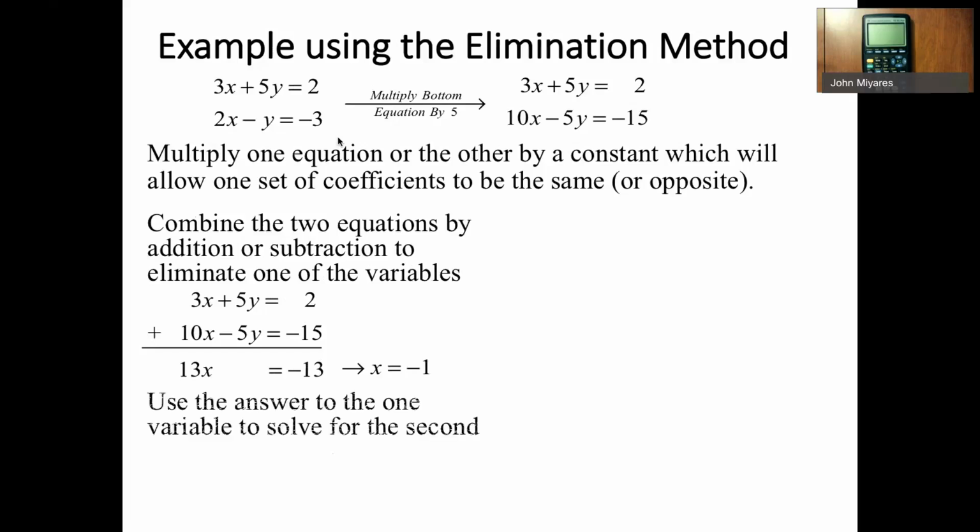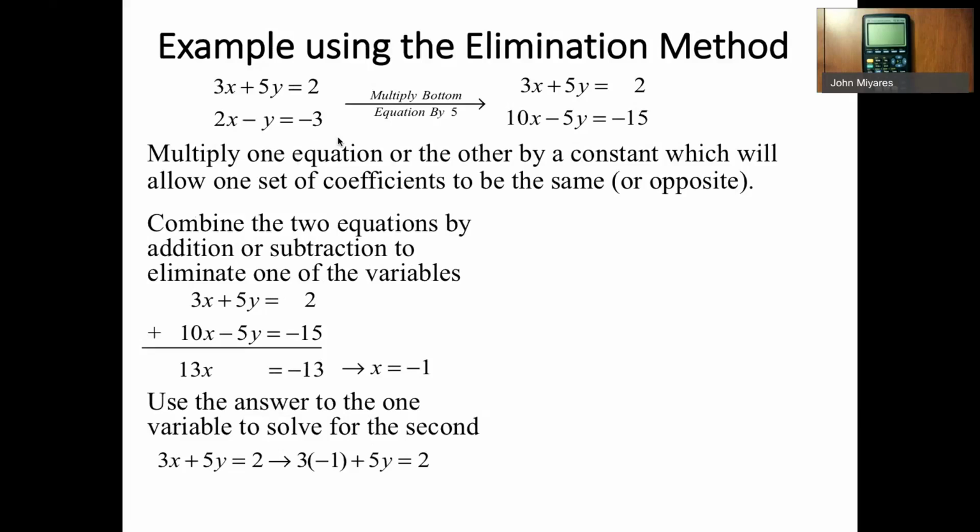Now we'll use that answer that we just got for x to solve for y. We could plug this value, x equals negative 1, into either equation. It doesn't really matter. So I'm just going to plug it into the first equation, 3x plus 5y equals 2.